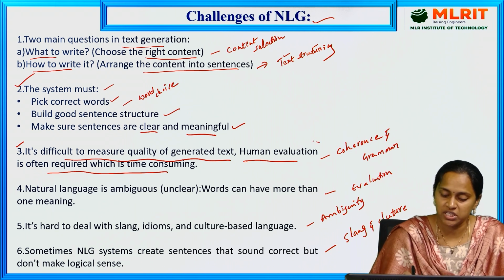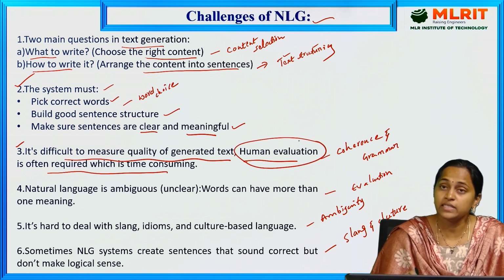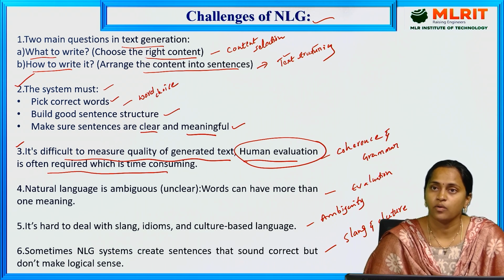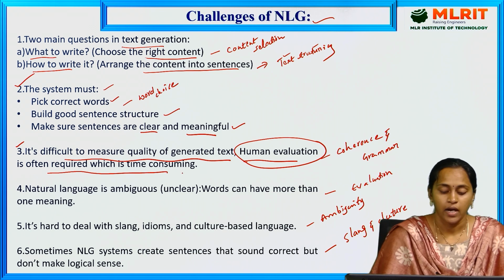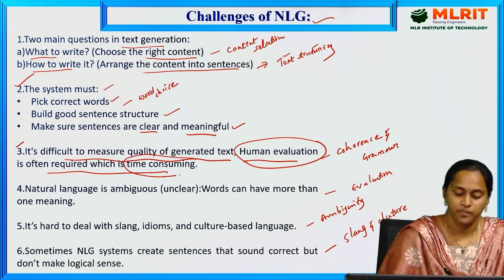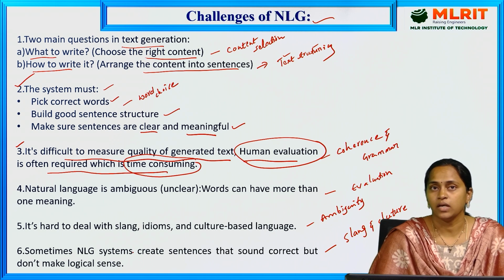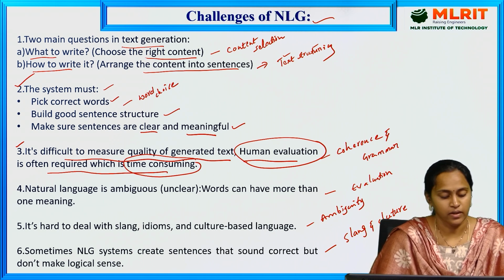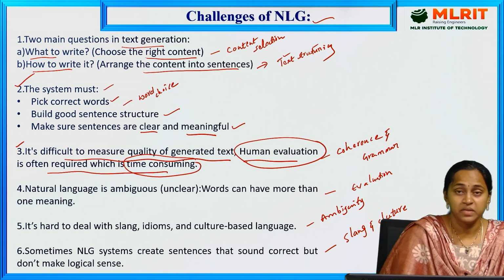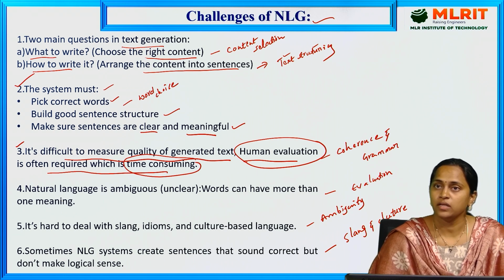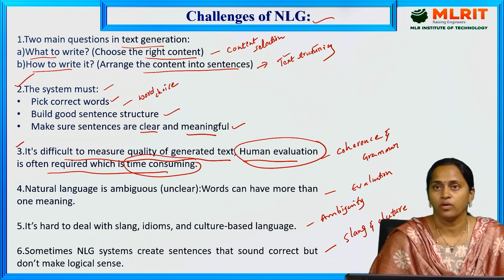Human evaluation is required to check whether it is giving the correct answer and correct sentence or not. Without human evaluation, we can't consider it exactly correct.